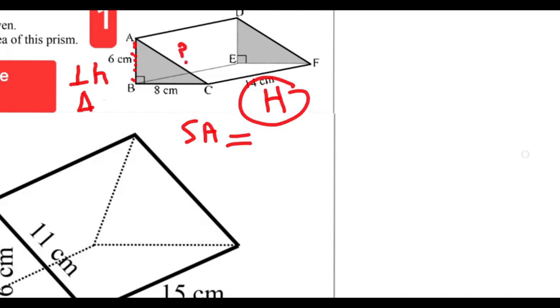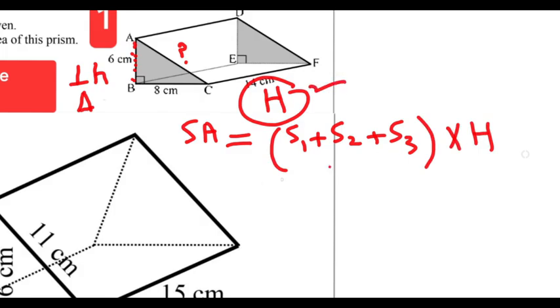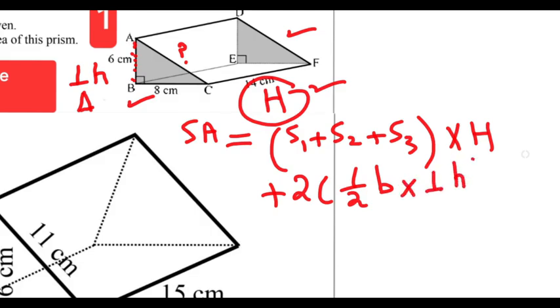This side we need to find before I solve the surface area, because I need side 1 plus side 2 plus side 3, and then I must multiply that with the big H, which is this one, and then plus 2 triangles I got at the back and front. 2 multiply 1 over 2 base times perpendicular height. So obviously now I've got side 1, I've got side 2, but this side is missing.